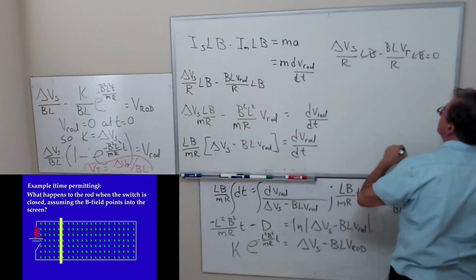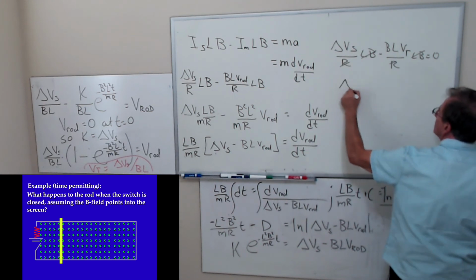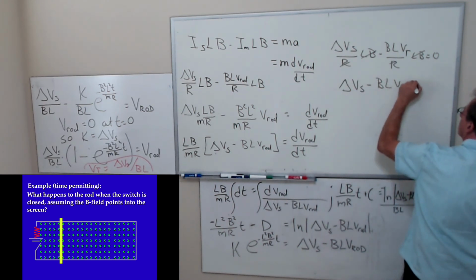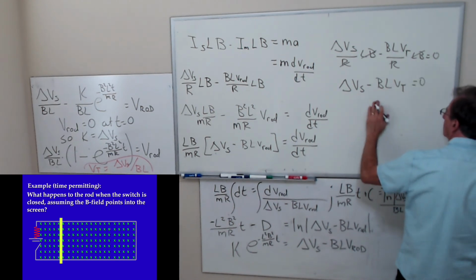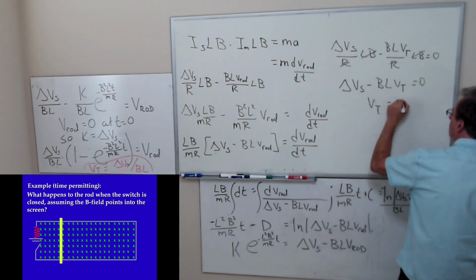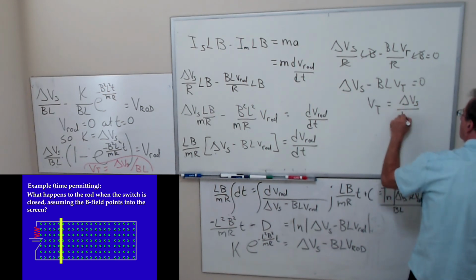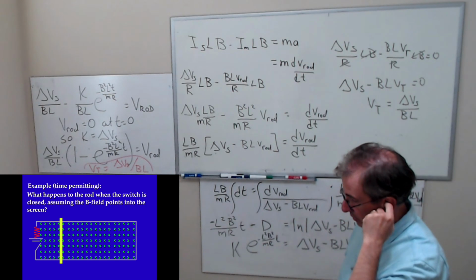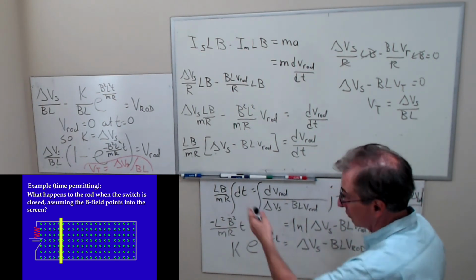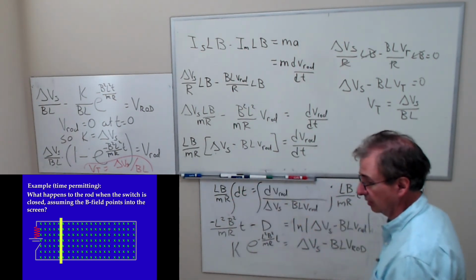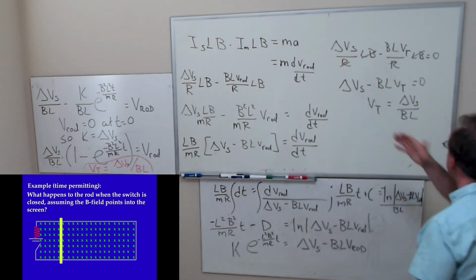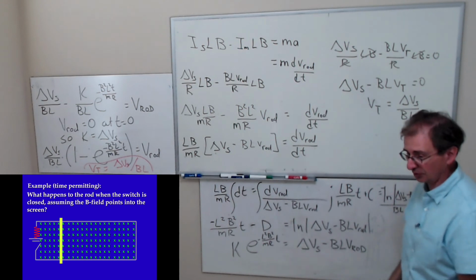These two cancel, the r's cancel, I get delta v sub s. I get that. They should agree, right? They should both agree. But this is 0 again because acceleration is 0, it means the terminal velocity.